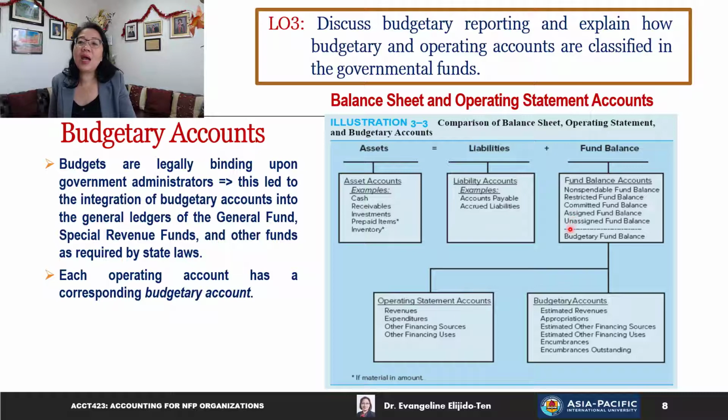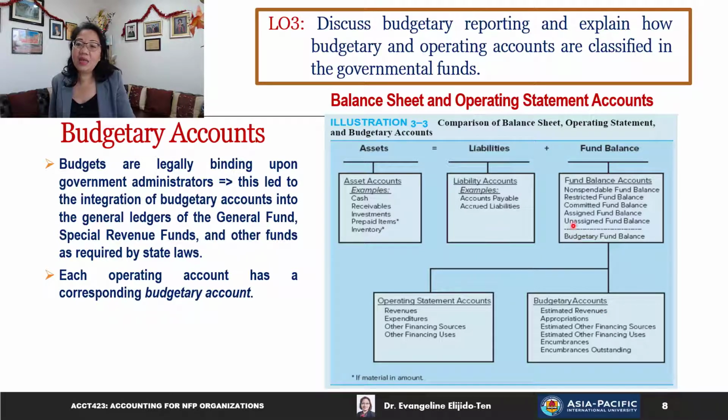All right. Now, let's look at the operating statement. Now, we know that the operating statements would have your revenues, expenditures, and other financing sources, as well as other financing uses. How are budgetary accounts connected or integrated?